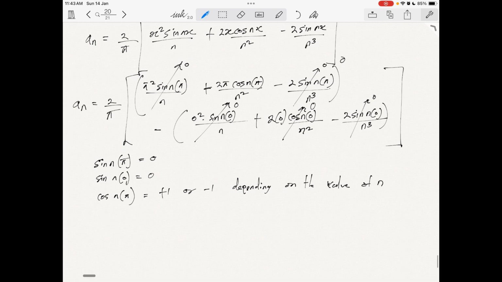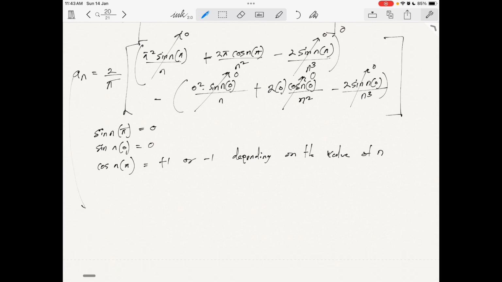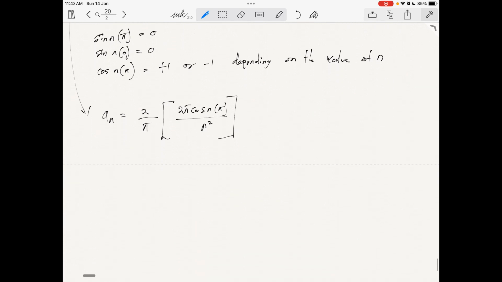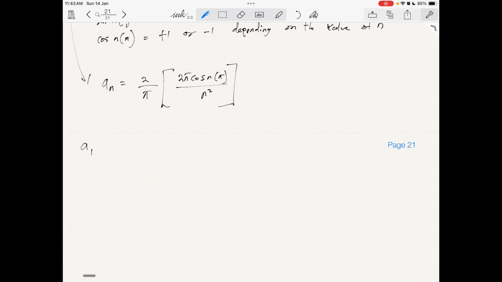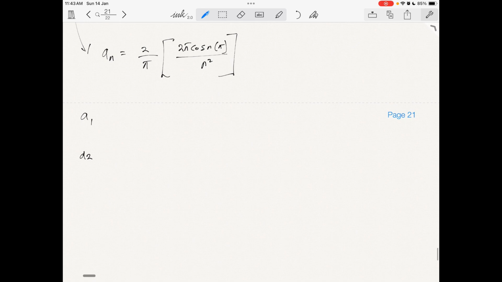So in that case, when we simplify an further, removing the terms that are equal to 0, we are left with 2 pi cos n pi over n squared. So in that case, we can now evaluate the values of a1, a2, a3, a4, a5, and also a6.